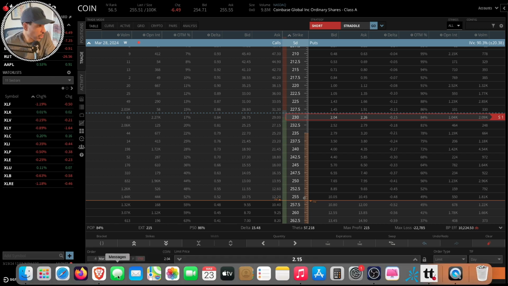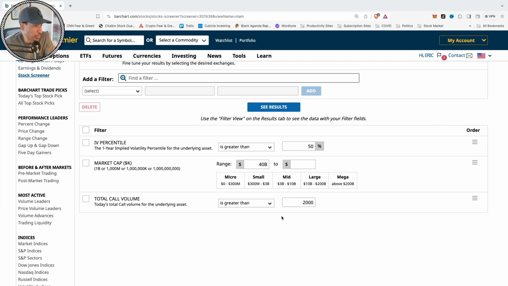But nonetheless, going back to Barchart's website, I've created this stock screener that looks for stocks that have an IV percentile that's greater than 50%. Now the IV percentile looks at the current IV, and it essentially tells you what percentage of the time the underlying IV has been at this level over the last 52 weeks.